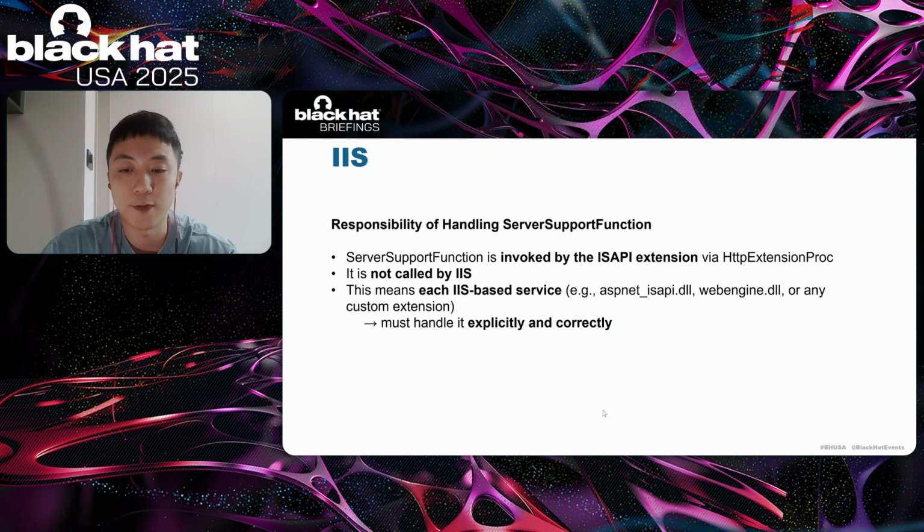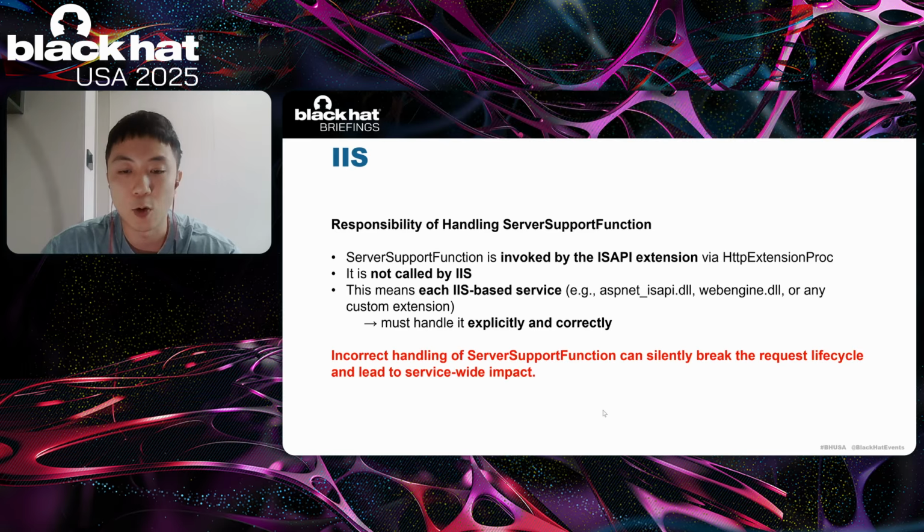Because the server support function manages the IIS API context reference count, and this function is used by different services on IIS API extensions, the IIS extensions must be very careful when using it. Incorrect use of the server support function can cause problems with the reference count, such as premature release leading to use after free or denial of service.